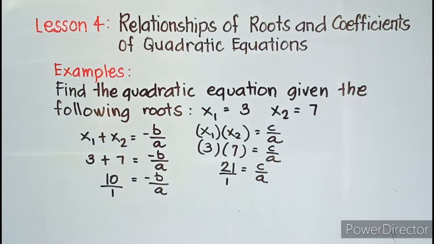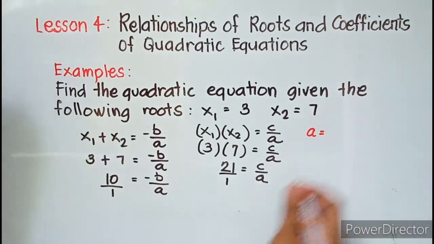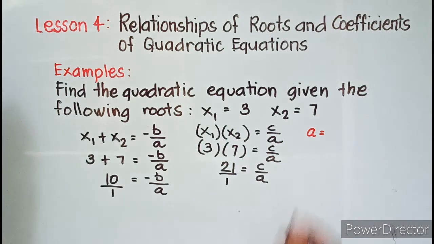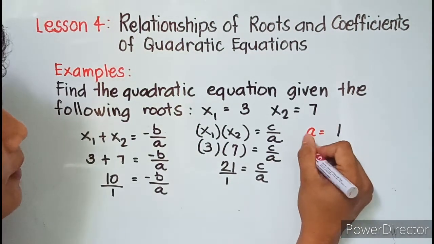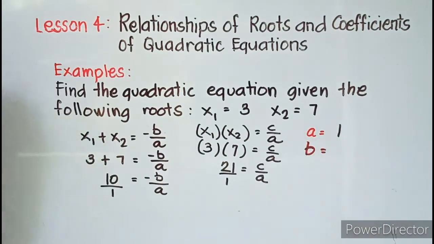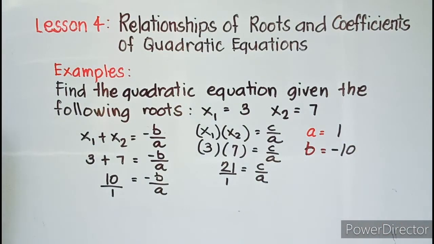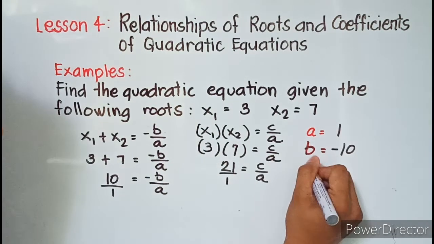Okay, so from here, we can identify our coefficients. So, what is our A? So, our A is 1. How about our B? Our B is negative 10. And how about our C? Our C is positive 21.